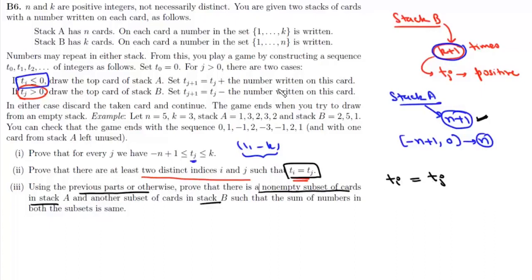And in between these steps, either we add the number written on the card in stack A or we subtract the number written on the card in stack B. And since these two values are equal, it means that the net sum of the cards drawn at i plus 1, i plus 2, up to j must be 0. And if it is 0, then it means the sum of positive numbers must be equal to the sum of negative numbers. That is, the sum of cards drawn from stack A must be equal to the sum of cards drawn from stack B. And this is how we prove such questions.